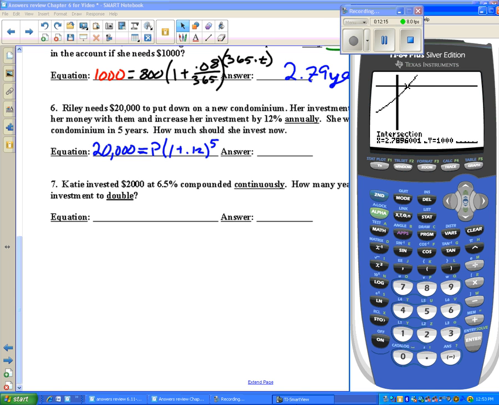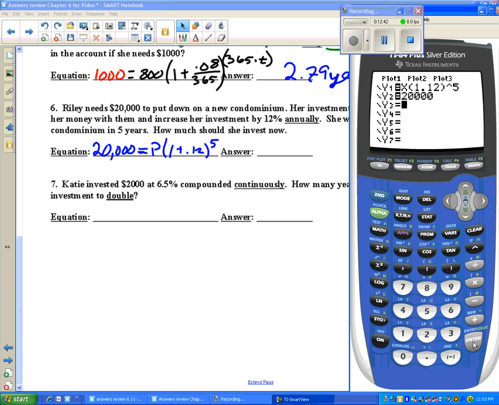Again, I go to my calculator. I go to Y equals. My first equation is x, the amount to start with, times 1 plus 0.12. Since it's annually, there's no compounding through the year. I can just put 1.12 to the 5th power. And I want this to be $20,000.